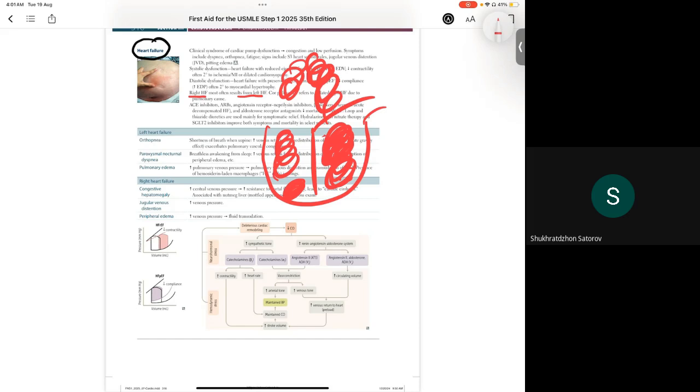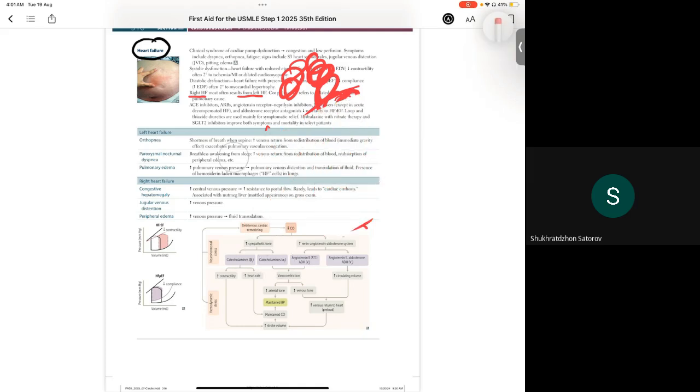So due to pooling of blood within the right ventricle, the right ventricle isn't able to pump blood because there is already a lot of blood, and there is pulmonary edema due to pooling back of the blood. So in the end, the right side would also fail. So can I say that due to left-sided heart failure, the right side can also fail? Yes.